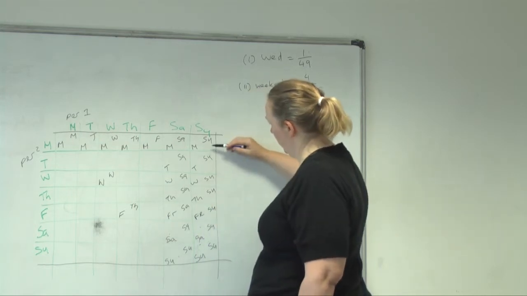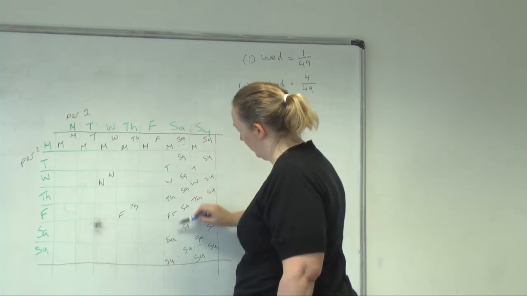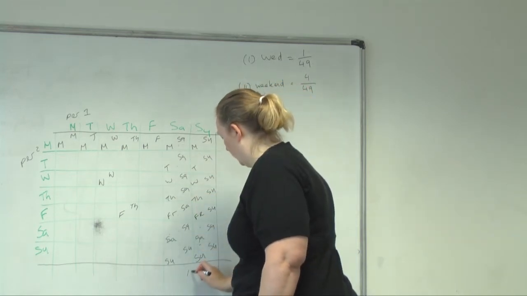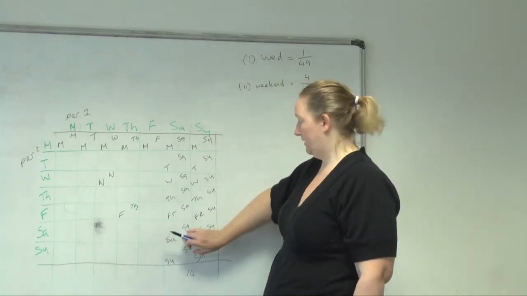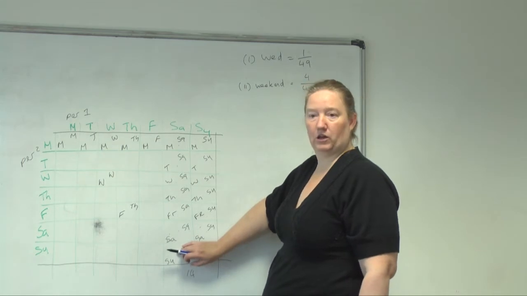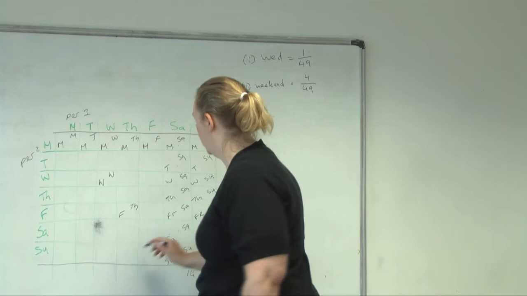Okay, so person 1 has 1, 2, 3, 4, 5, 6, 7, 8, 9, 10, 11, 12, 13, 14. And person 2, now don't overlap. You've already done these 4 boxes, they are included in person 1. So do the rest of the weekend for person 2.